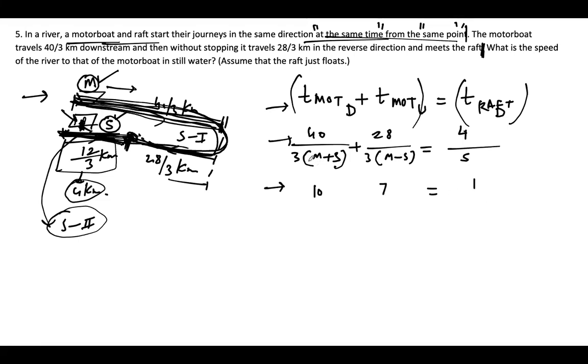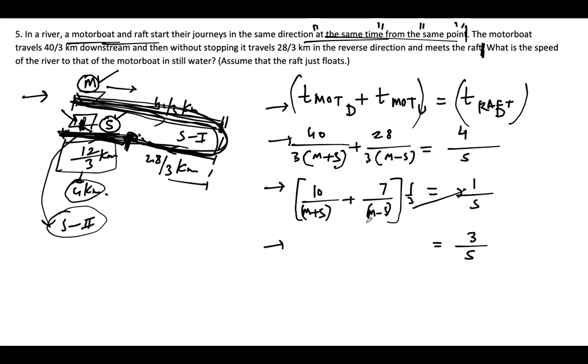I'm not writing everything. Since 3 and 3 are here, can I take 3 common? Then this is 1 by 3 times something plus something, and this is 1 by s. Can I multiply by 3 here? I'll get 3 by s. Can you solve this? Has anyone solved this?